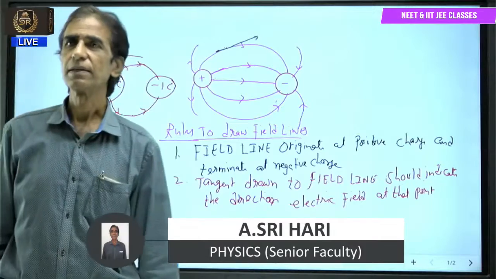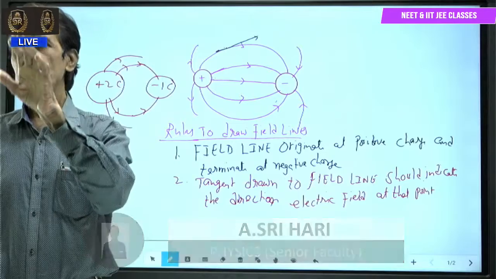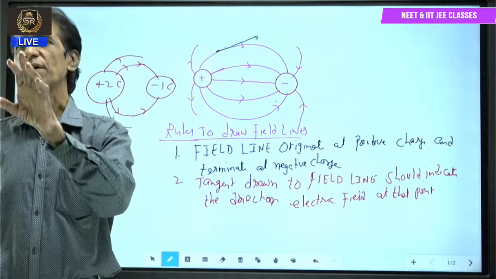So what does it mean? The number of field lines drawn should be proportional to the magnitude of the charge.